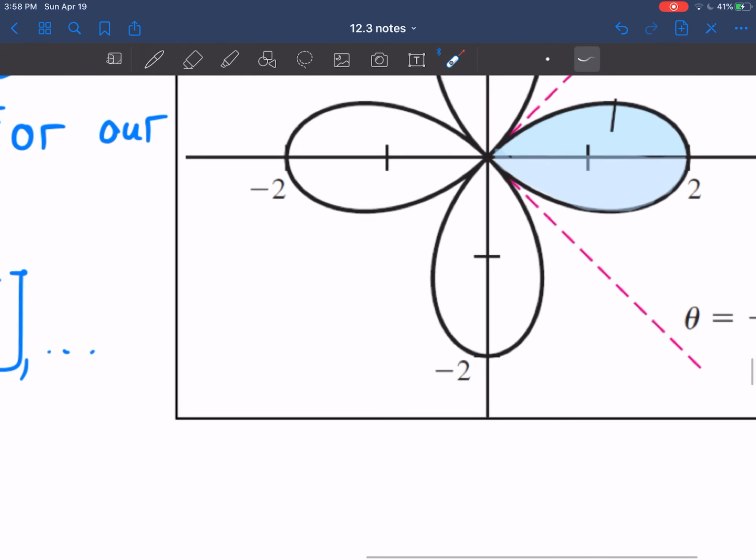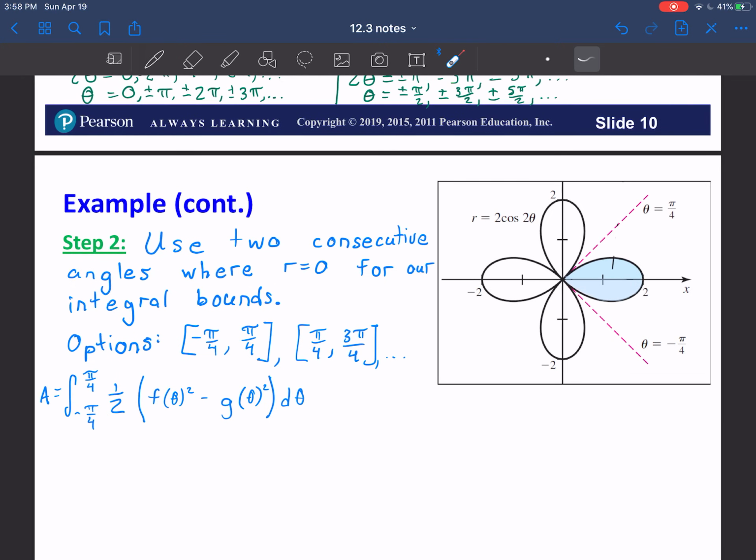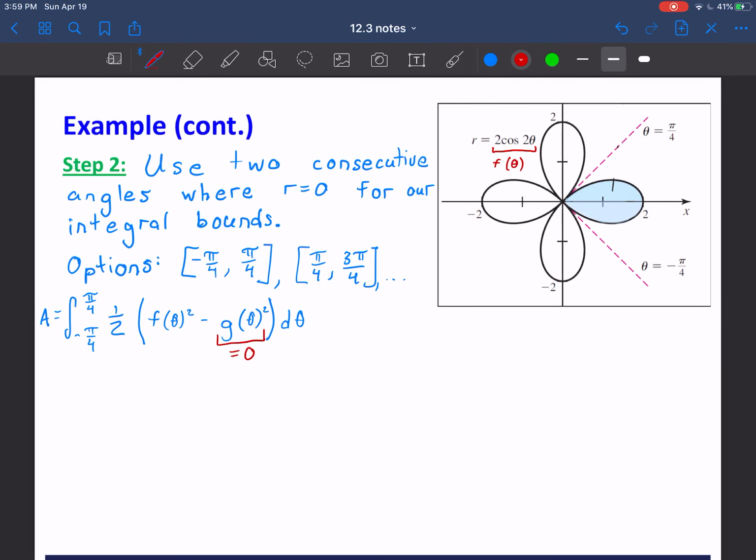So that indicates that there is no inner function. g of theta is equal to 0. And f of theta is our 2 cosine 2 theta. This is f of theta. So we're going to write that in.